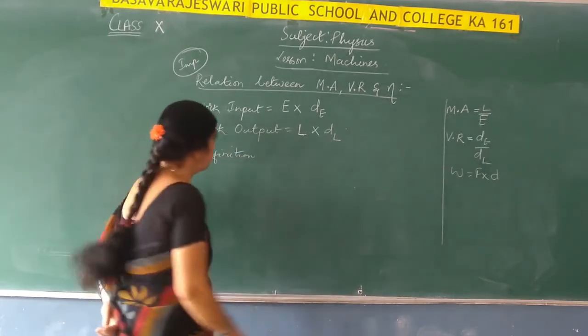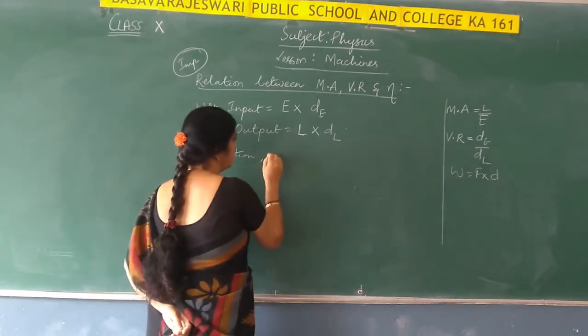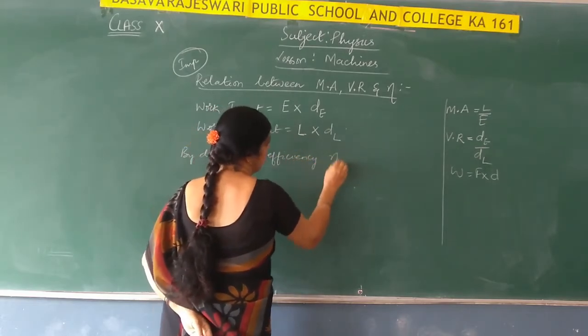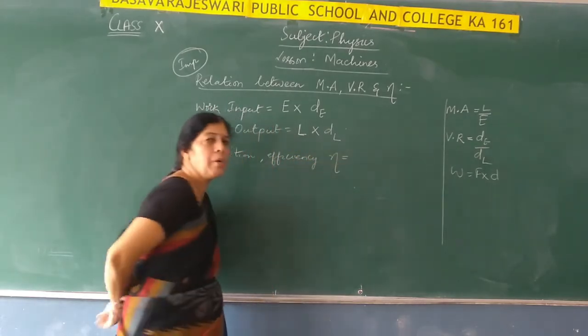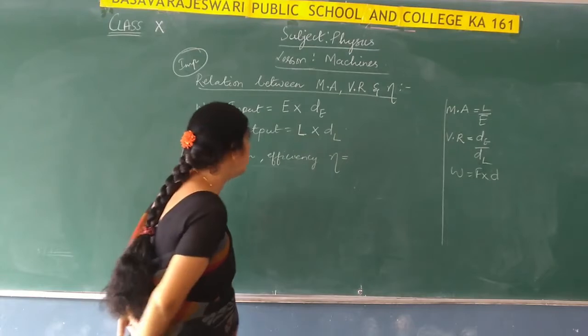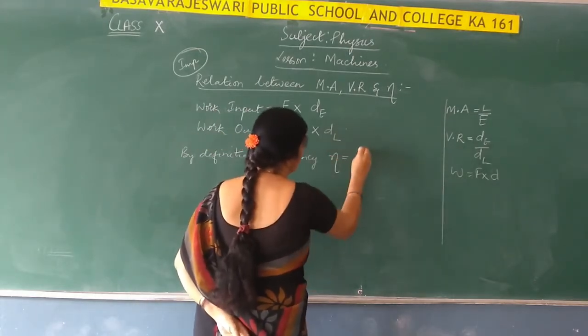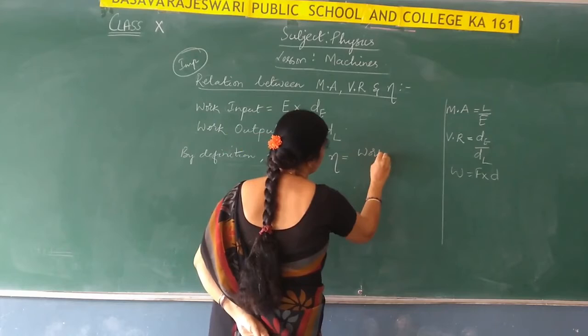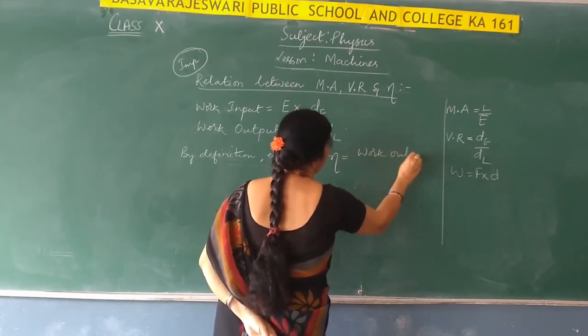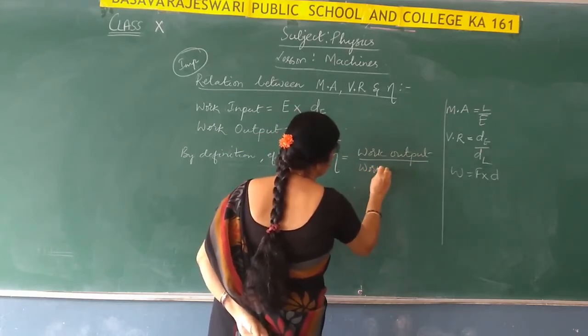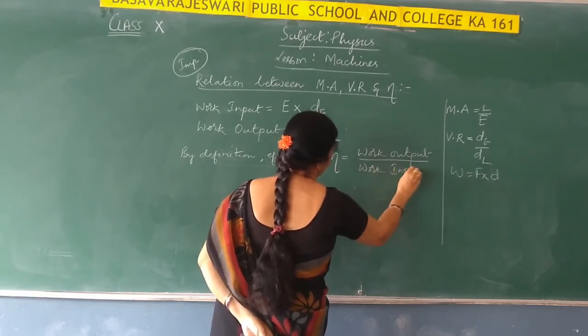What do you get by the definition of efficiency? Efficiency, eta. Last class, in the last video, I told you that efficiency is denoted by the letter eta. Efficiency will be equal to work output by work input, right?